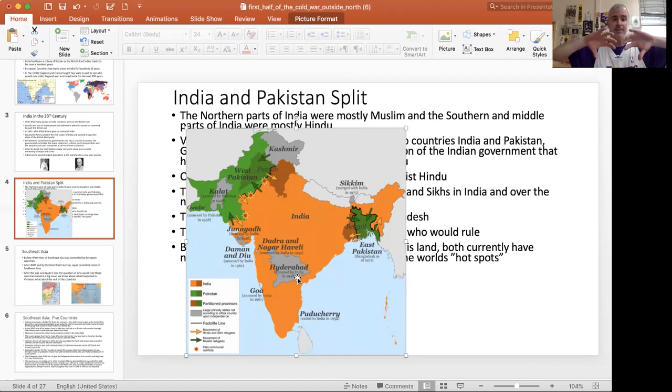One of the things that happens is there's a mass migration. So all of the Muslims who lived in this part of India, they're going to move either to West Pakistan or to East Pakistan, and all of the Hindu that live in this area, Bengal is a very Hindu area, they're going to move to India proper.